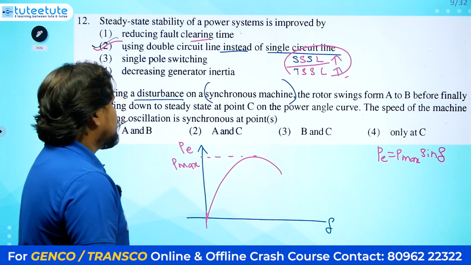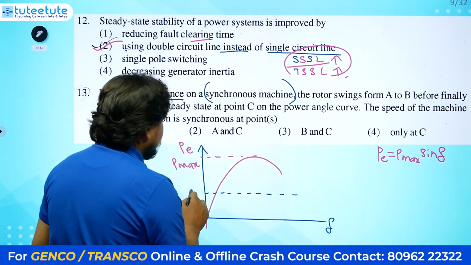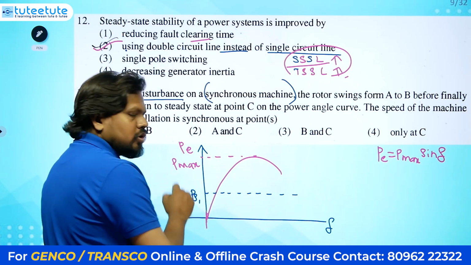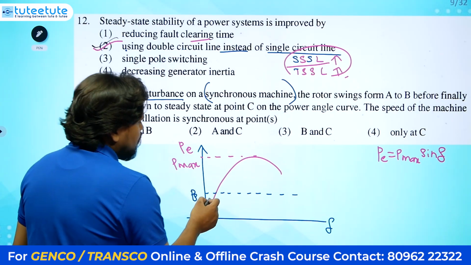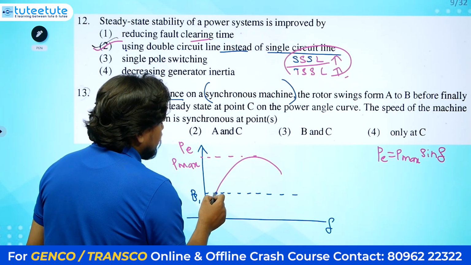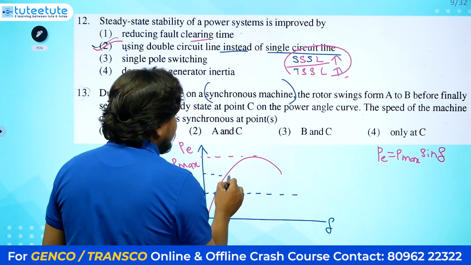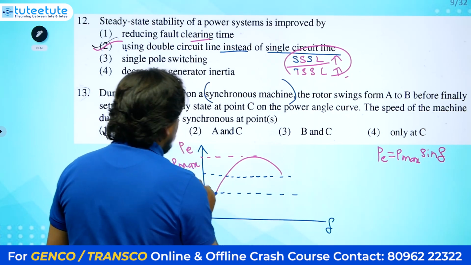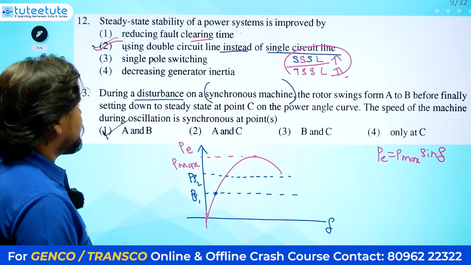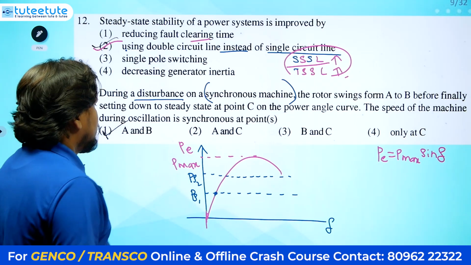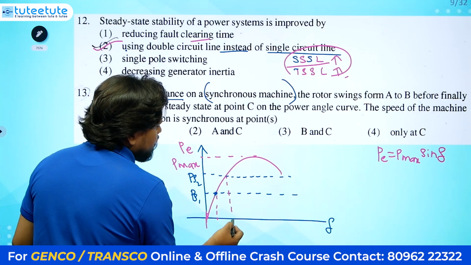Now previously the generator is working at this point. This is the input, the steam input for the generator, or water input, any input it is. Now what we have done is increase the input from here to here. This is PS2 now. Whenever you increase it, delta wants to change, from here to here.